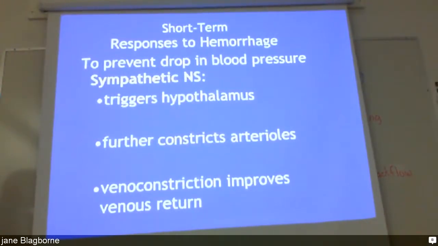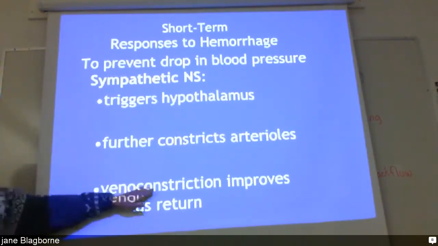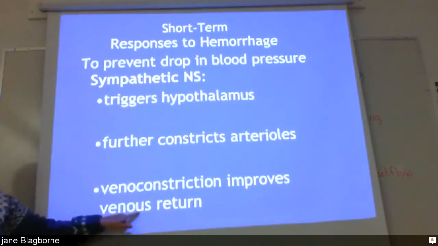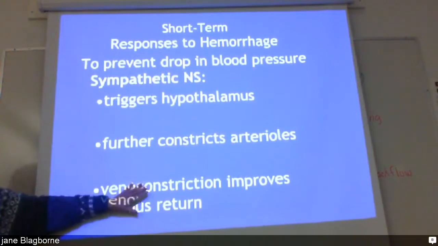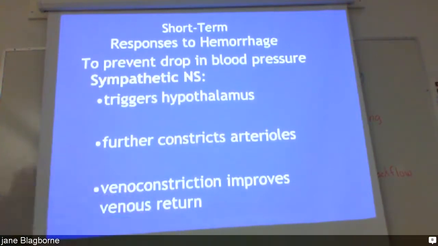So the vasoconstriction continues. The venoconstriction helps more blood return to the center core. So if they're bleeding, the body wants to maintain your vital organs, so it returns the blood to the center core.